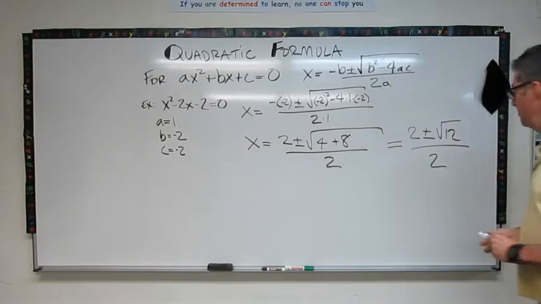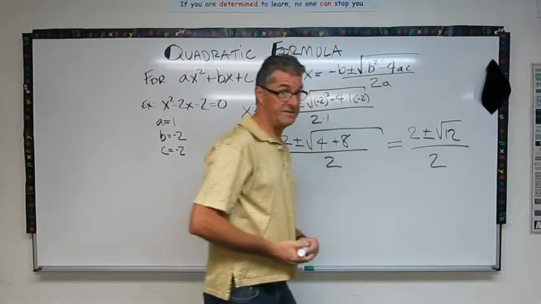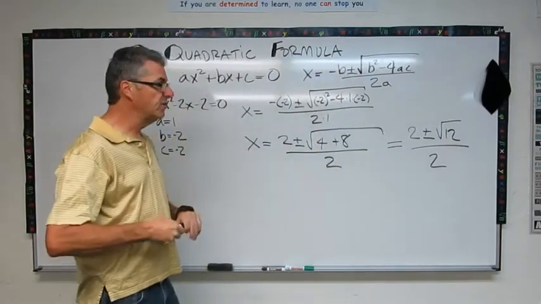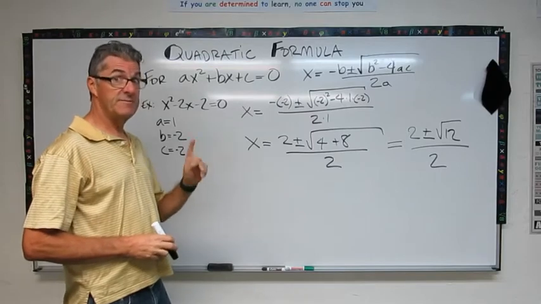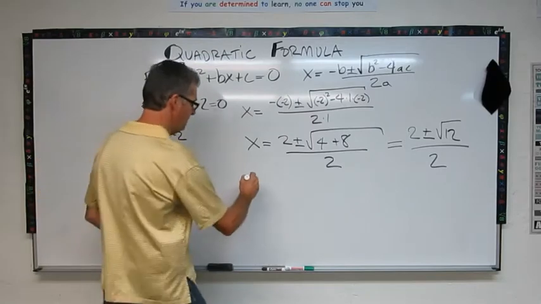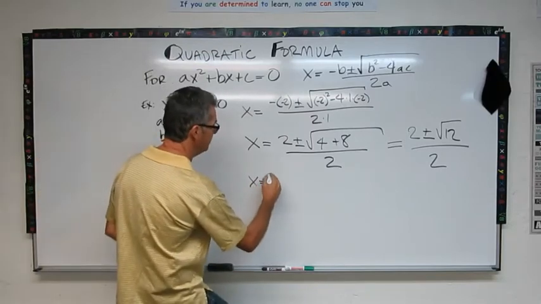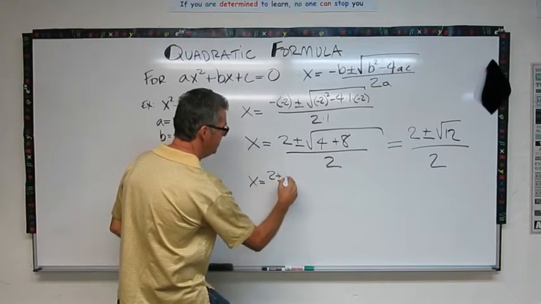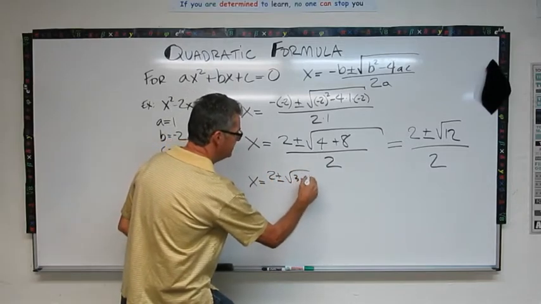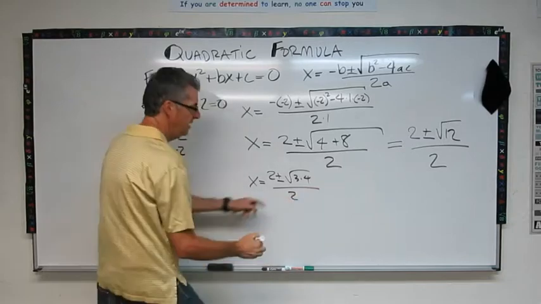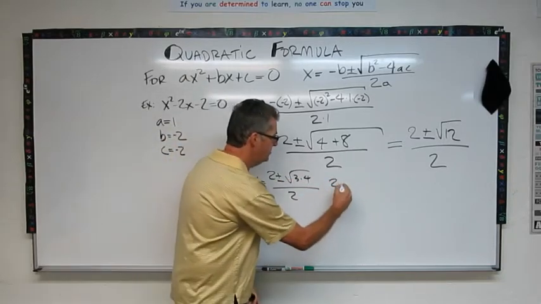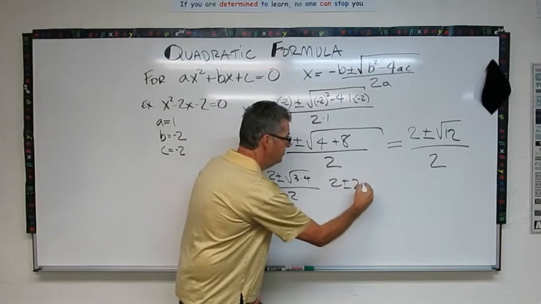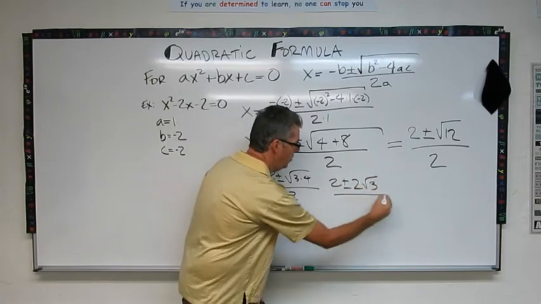Okay, so we need to take a look at what root 12 is. Remember simplifying your radicals. Root 12 is the same as root 3 times 4. Let's just write it out. x equals 2 plus or minus root 3 times 4 over 2. In this root, the 4 can come out as a 2. So I have 2 plus or minus 2 root 3 over 2.